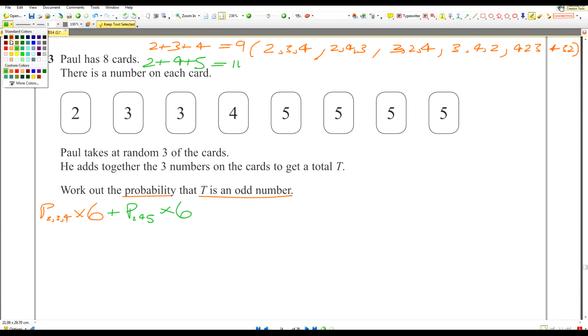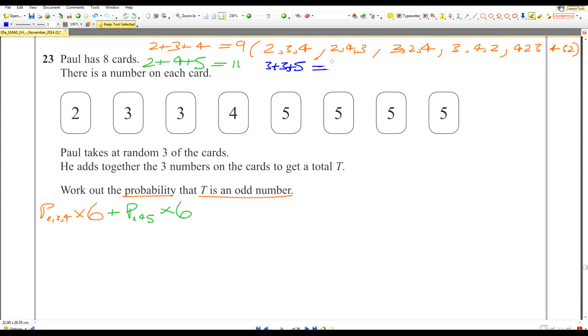Let's change color again. Okay, blue. We can also do a 3, 3, 5: 3 add 3 add 5. Pardon me, folks.